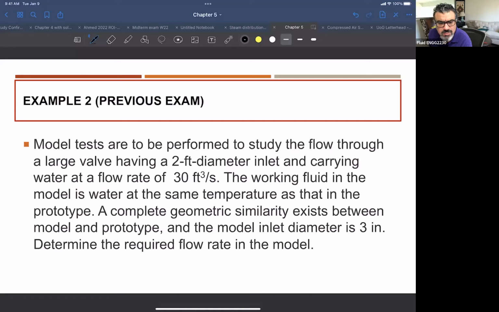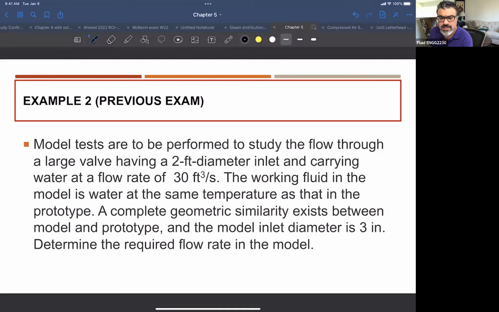This is normally a typical experiment that will be required in a lab when you want to redesign a new valve or design a new system and so on, right? Or if you are a manufacturing company making those valves and you want to test them in the lab.